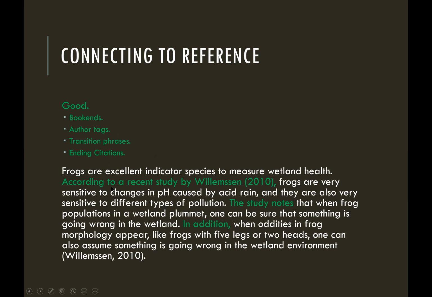Immediately following, you have the introduction, according to a recent study by Williamson, 2010. So everything that follows, you know, is going to be from Williamson. Notice the next sentence starts with the study notes. This is that author tag or source tag that you're looking for to connect.